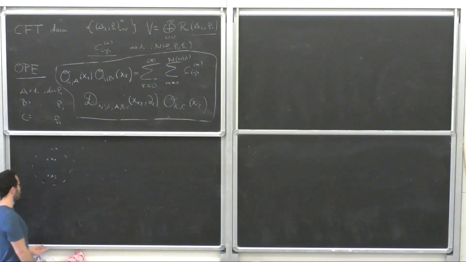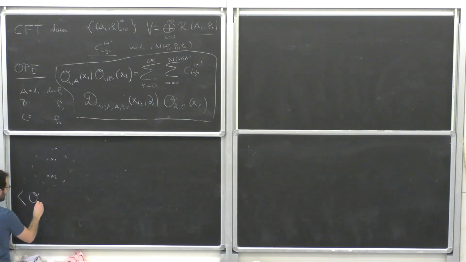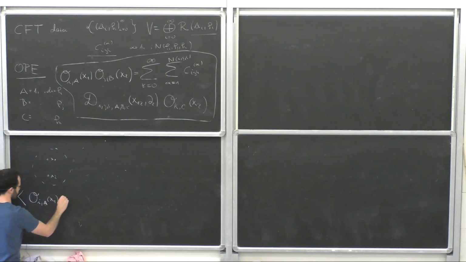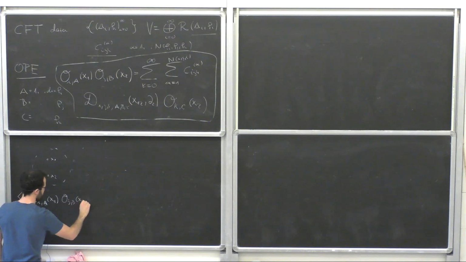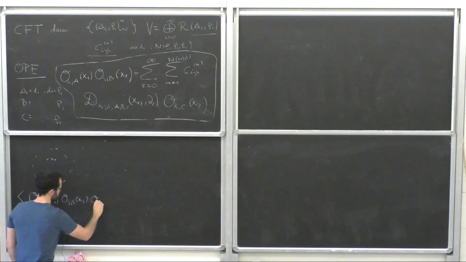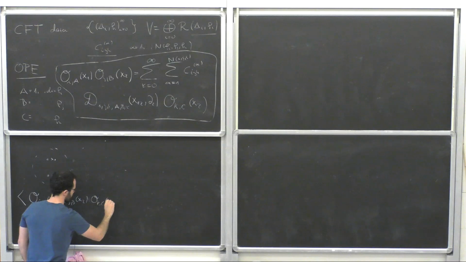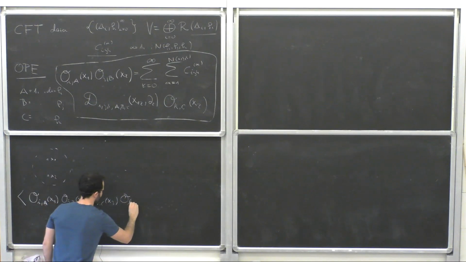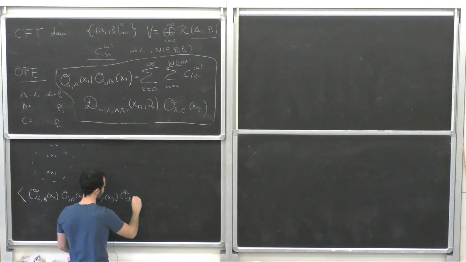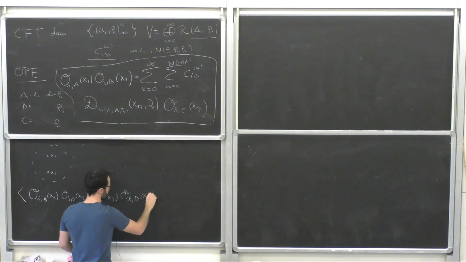In particular, when we use the OPE in a four-point function, we would have four operators: O_I at x1, O_J at x2, O_K at x3, and O_L, let's say at x4.